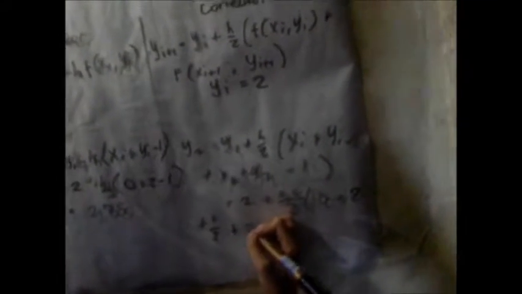Again, we can now substitute the values: 2 plus 0.5 divided by 2, then 0 for x sub i plus 2 minus 1, plus 1/2 plus 2.5 minus 1. So again, for y sub 2, we have the value of 2.75.